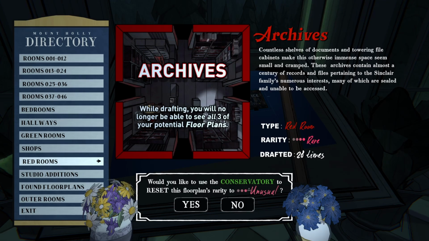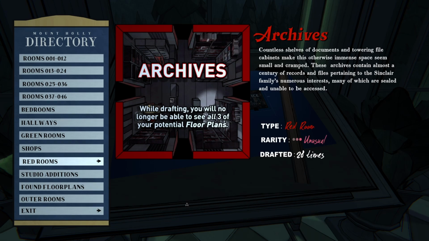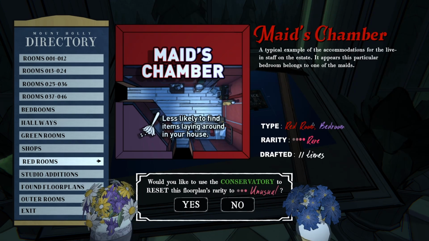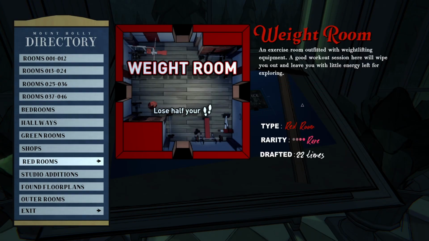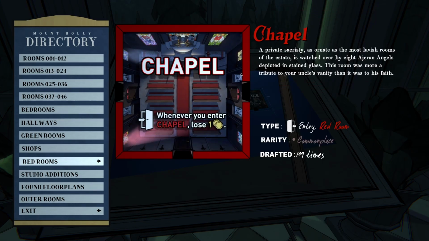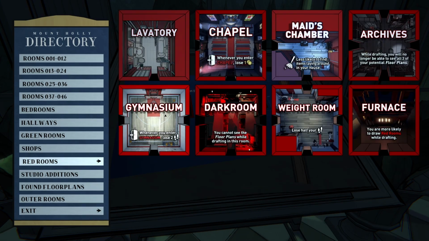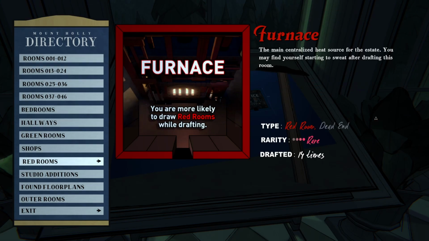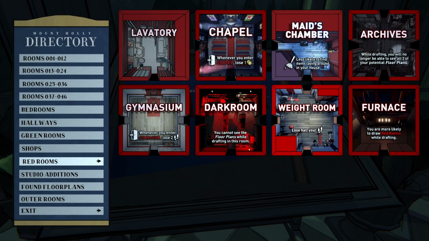What's this? Reset the floor plan's rarity. Yes? Okay, so you can reset things that you have changed. Oh, I see. That's very interesting. I didn't know that.